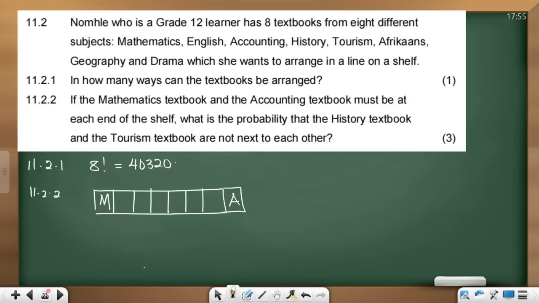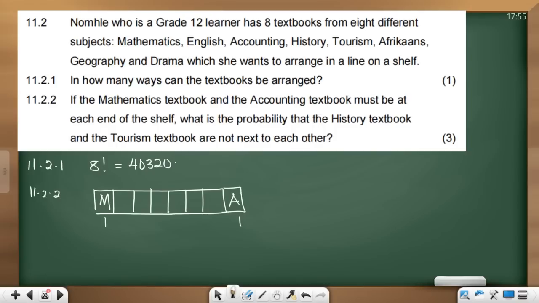What is the probability that the history textbook and the tourism textbook are not next to each other? This is very beautiful. We are going to calculate if they are next and then subtract from total. First, math is 1, accounting is 1, and that is fixed. Now we do not want the history textbook and tourism together.